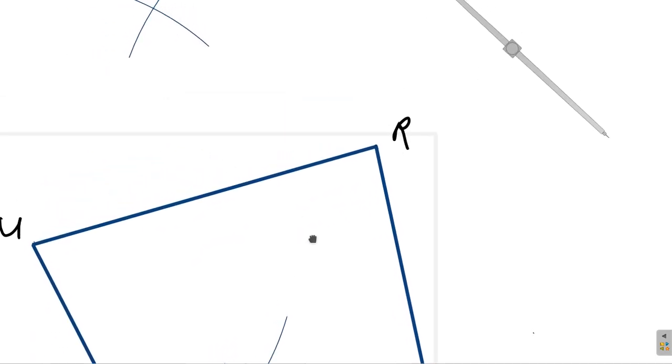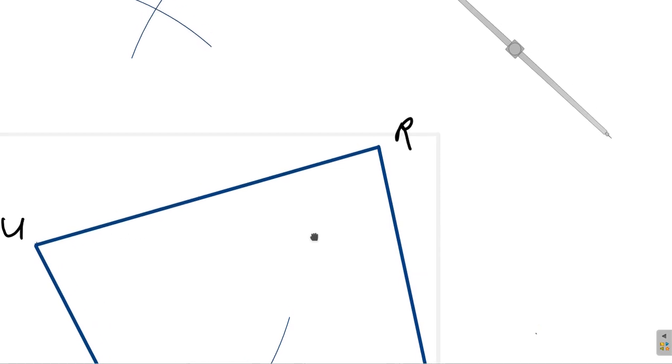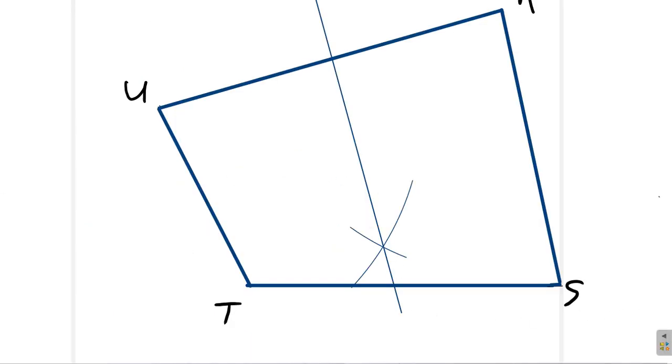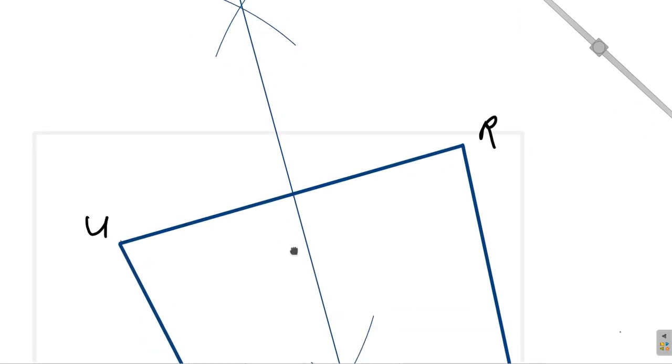Alright, so then after that, I draw a line between these points. Let me just zoom out a bit and draw my line. Alright, so let's say this is our perpendicular bisector.